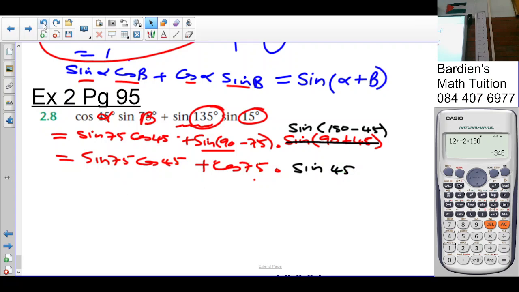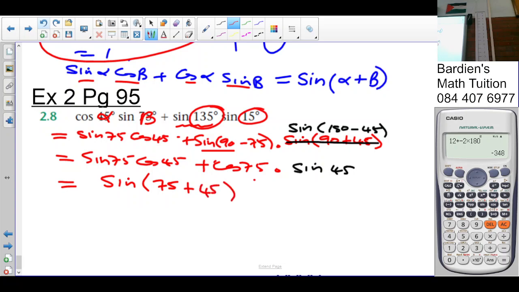So this would simply be sine of alpha plus beta, which is 75 plus 45. And what's 75 plus 45? 120. Is that a special angle? Yes, can be reduced.